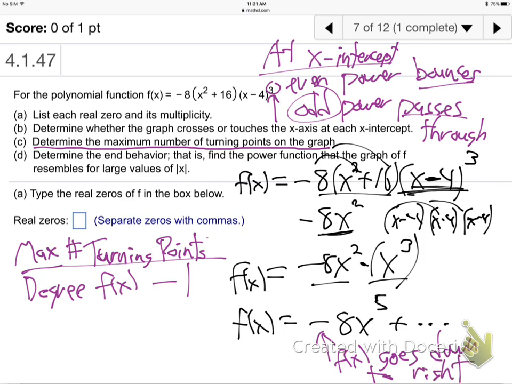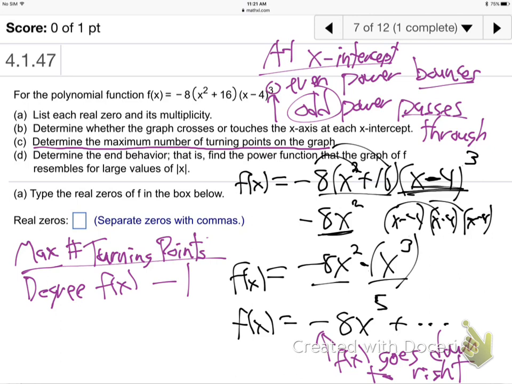Negative is down. So when the front term is negative, eventually this function is going down as you go off forever to the right. It might be up in some other places, but eventually the down forces are going to win. As you go off to infinity to the right, it will go down, not up, because that's the most powerful term.